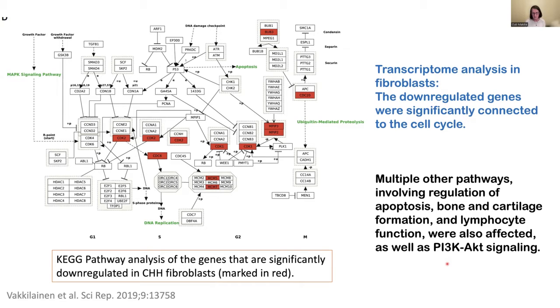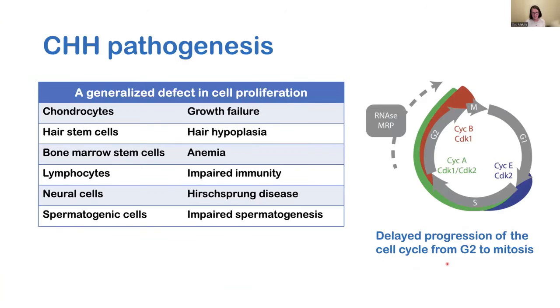So many findings, but maybe the main finding, which was also confirmed and has been shown in some other studies as well, is that the cell cycle progression is defective in cartilage-hair hypoplasia, and it's especially this G2 phase leading to mitosis, which was longer than normal.